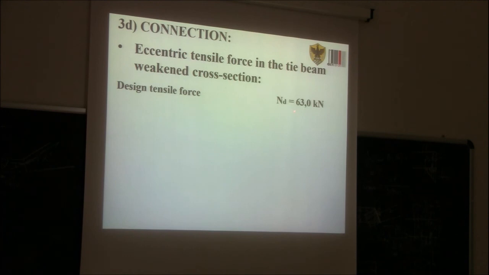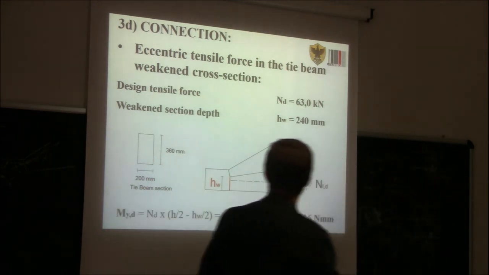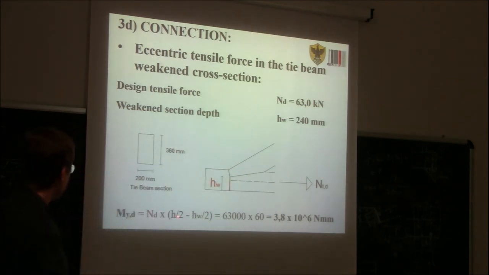The design tensile force is 63.0 kN. This is the tie beam section, 200 by 360, and this is the weakest part of the cross section, HW 240 mm instead of 360 mm. So the bending moment that we have is ND times the eccentricity.